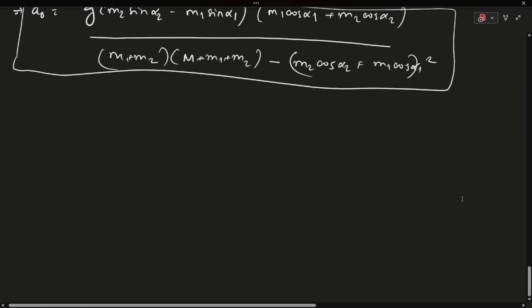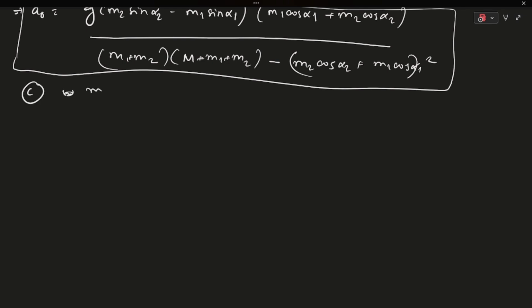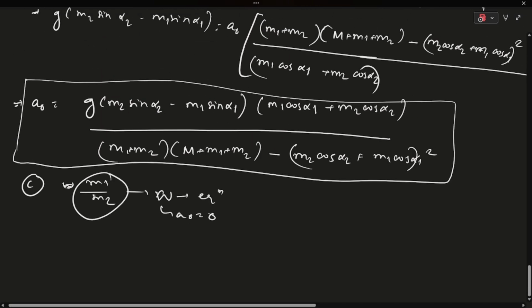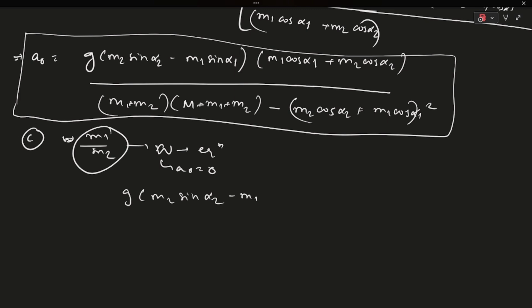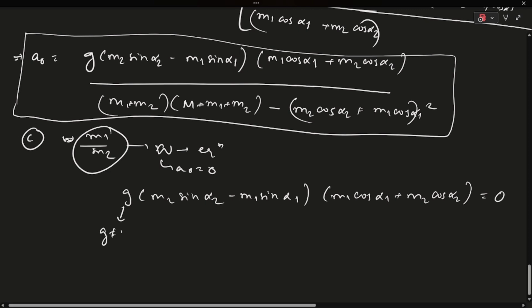Then the C part. It is said that for what ratio of m1 divided by m2 the wedge will be in equilibrium. That means a naught equals 0. A naught will be 0 as g times m2 sine alpha 2 minus m1 sine alpha 1 times m1 cos alpha 1 plus m2 cos alpha 2 equals 0. g can't be 0, and alpha 1 and alpha 2 are acute angles.